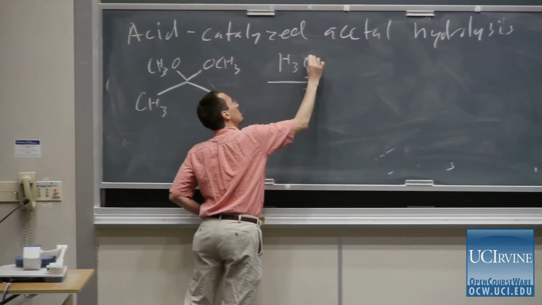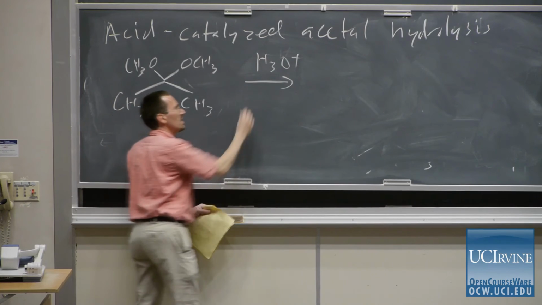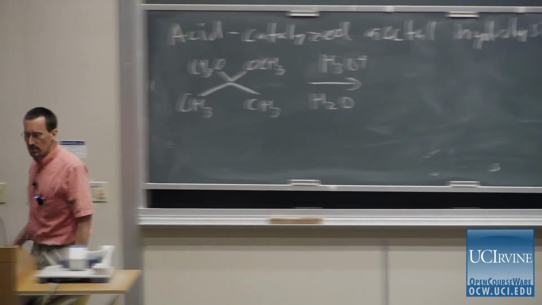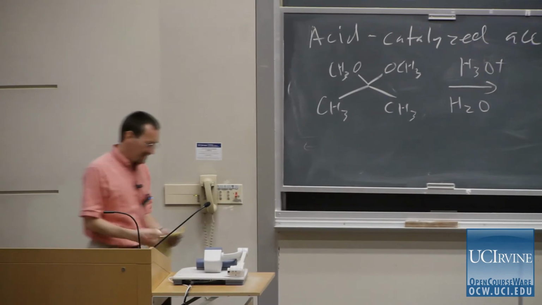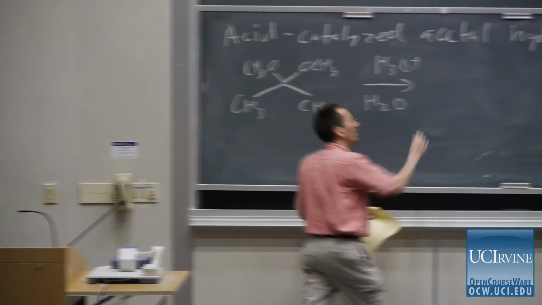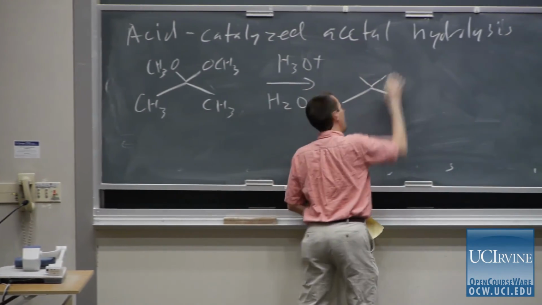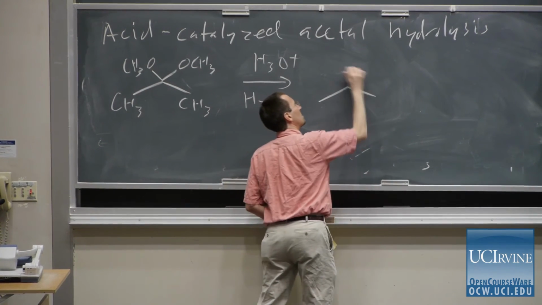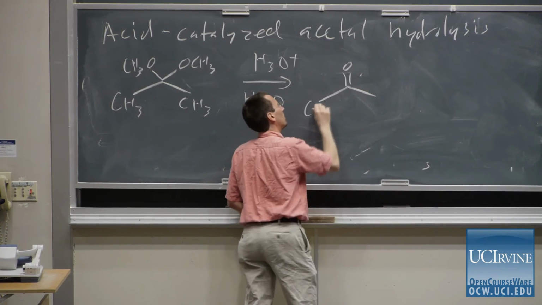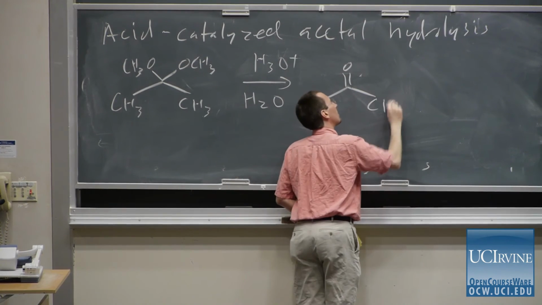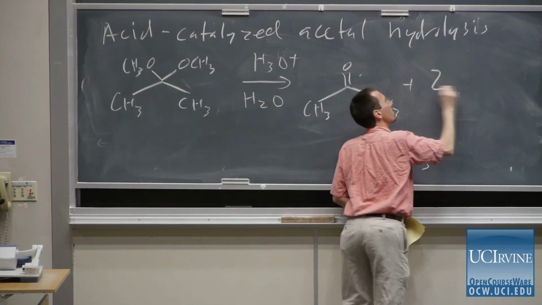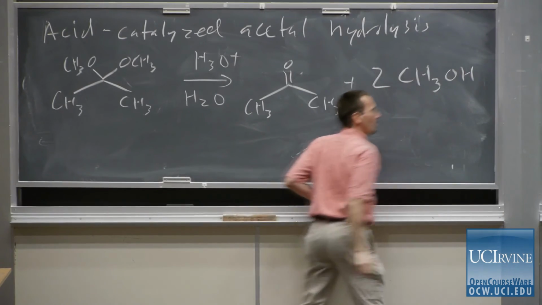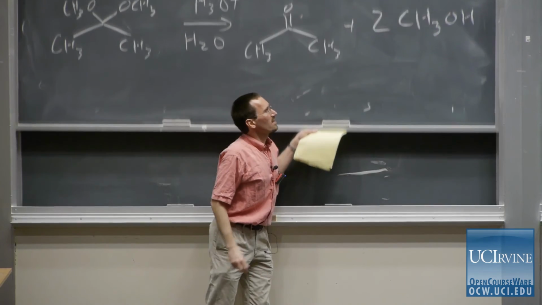And so imagine a source of acid in water, aqueous HCl, aqueous sulfuric acid, and lots of water. Then our acetal breaks down, back to acetone. And if I feel in the mood to balance my equation, 2 molecules of methanol.